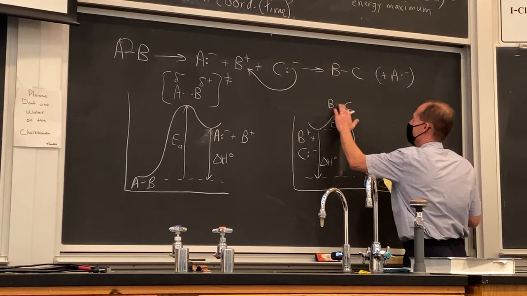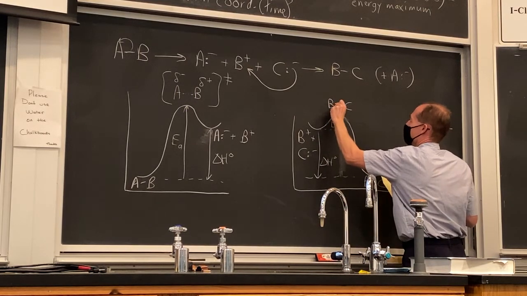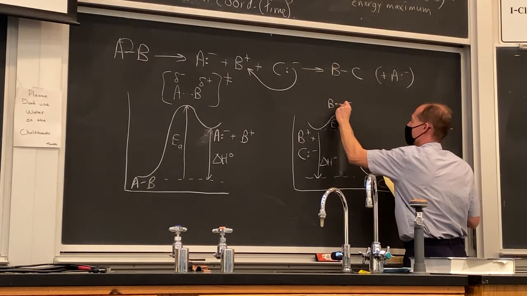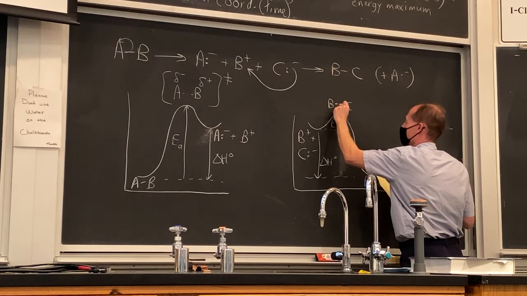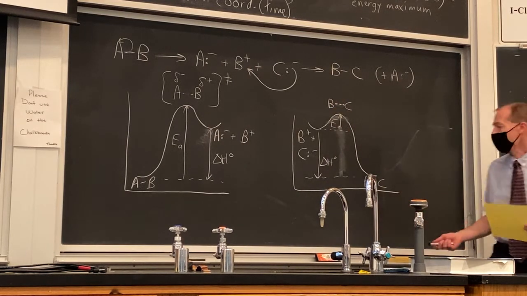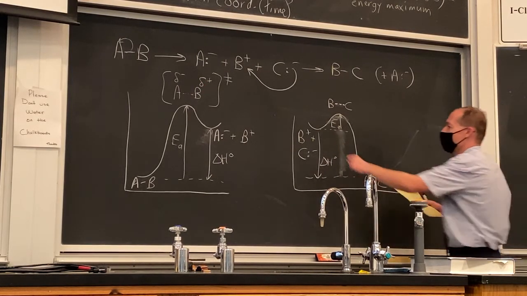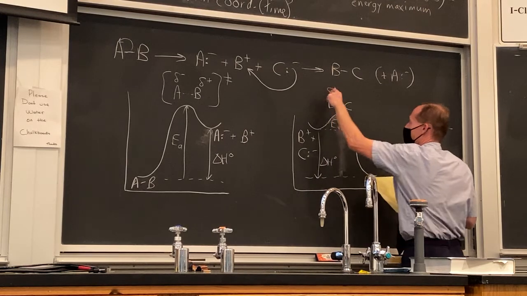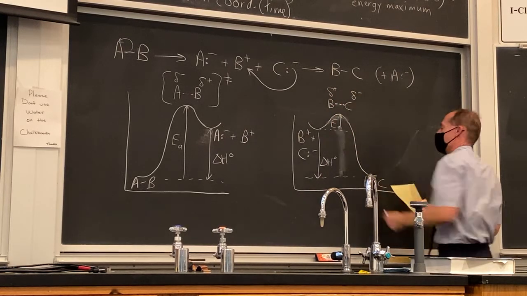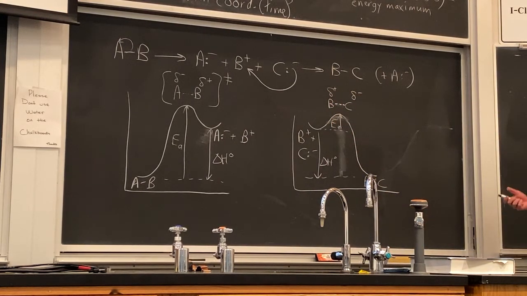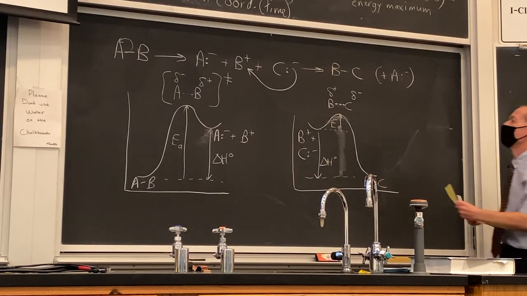So I'm going to make this partial bond a little stronger, so hopefully it can be seen better on the camera. So that's one difference between these two transition states: this partial bond is increasing in strength as we pass through the transition state. This one is decreasing. And then we have our partial charges, partial positive on B, partial negative on C. Are these charges increasing or decreasing at the transition state? Those are decreasing, okay?